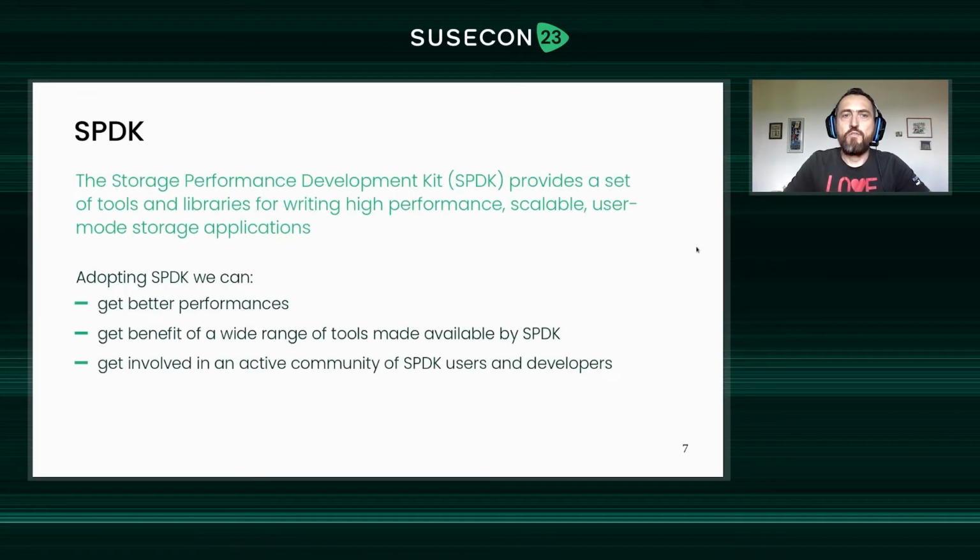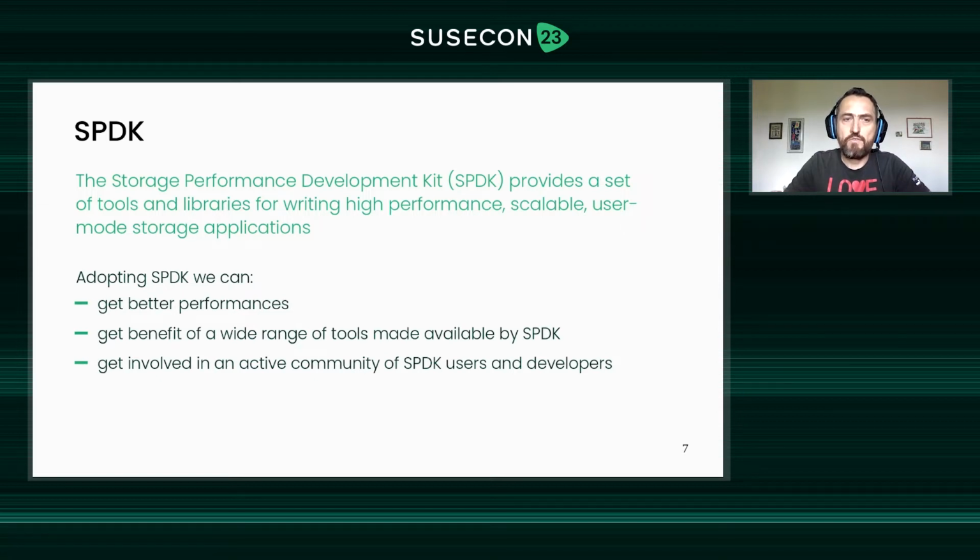The Storage Performance Development Kit, that is SPDK, provides a set of tools and libraries for writing high performance and scalable user mode applications for storage. If we adopt SPDK inside Longhorn, we can, first of all, get better performance. That is the main reason for which we want to use SPDK.